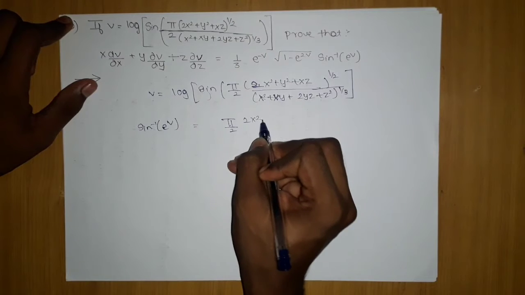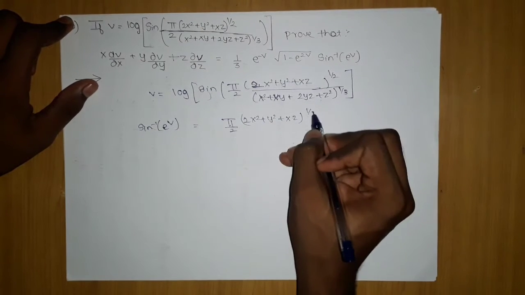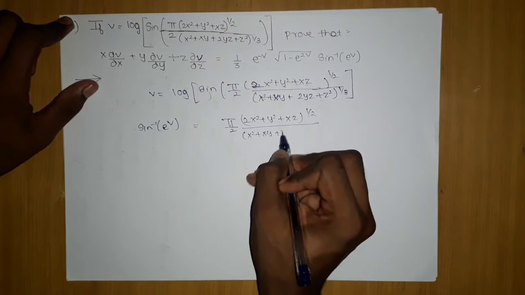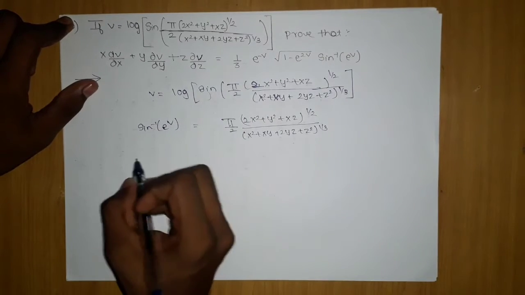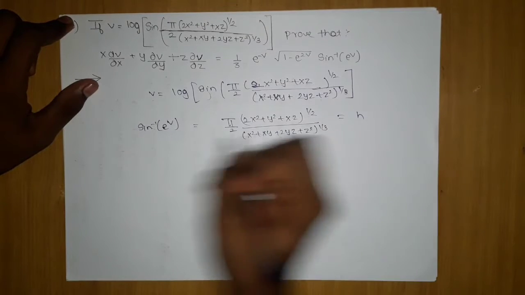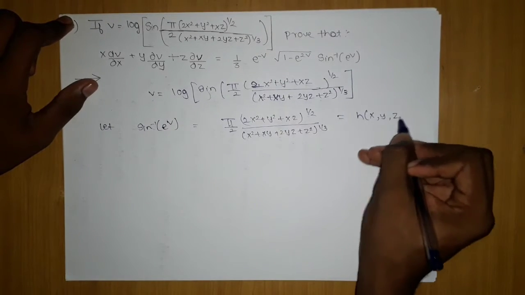Now we are left with 2x square plus y square plus xz the whole upon 1 by 2, in the denominator x square plus xy plus 2yz plus z square power 1 by 3. What we are going to do? We have to consider it equal to some h(x, y, z).